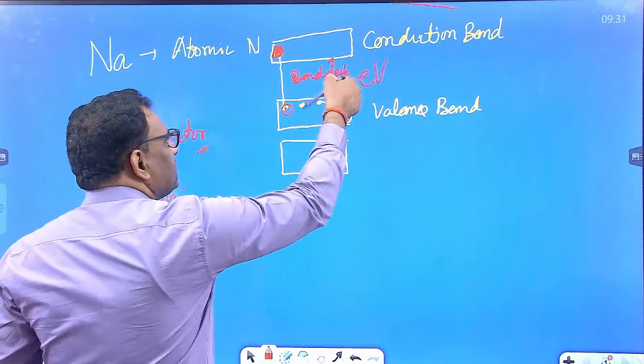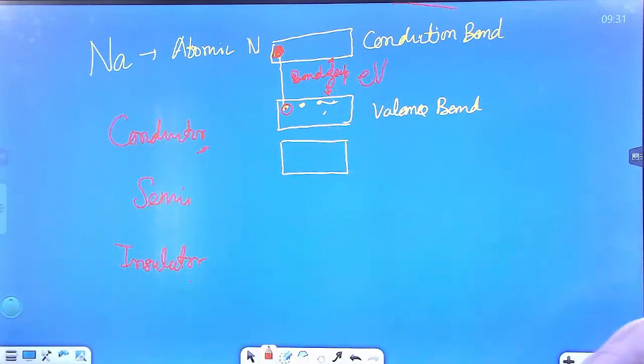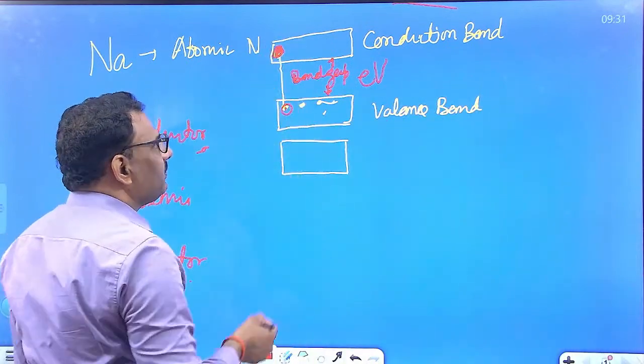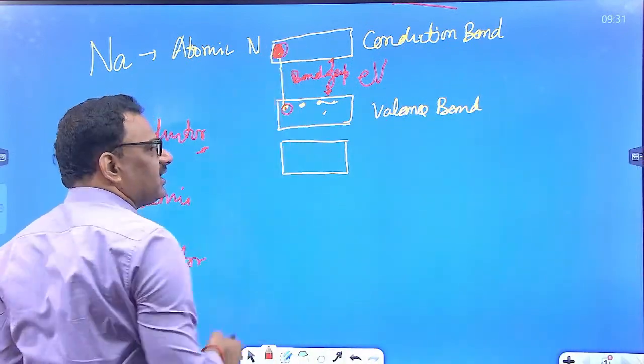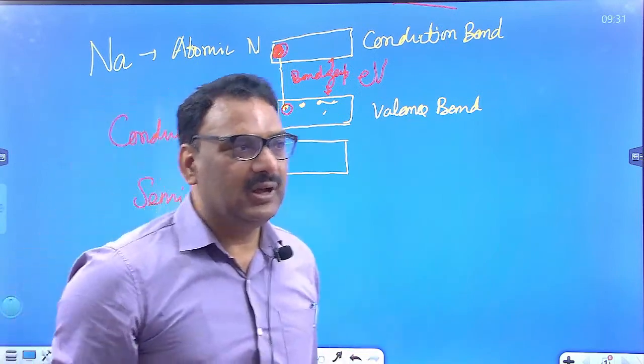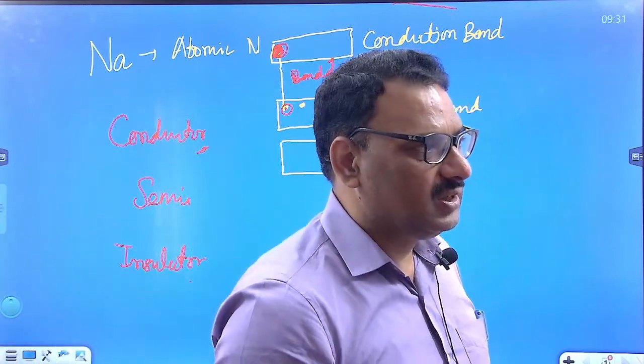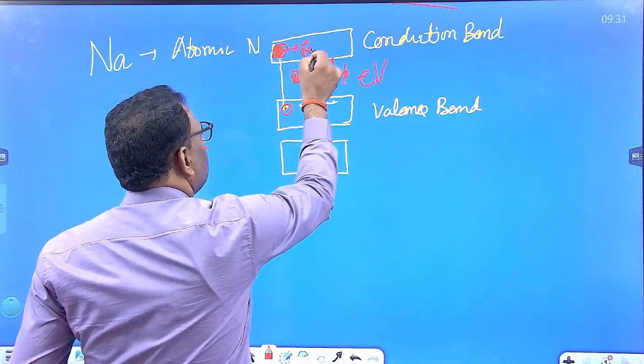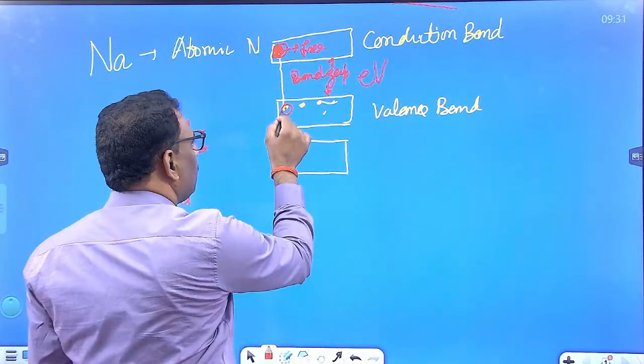So by acquiring this energy, it moves into the conduction band, and if an electron comes into the conduction band, it is available for conduction. It becomes free. This is your free. This is your bound.